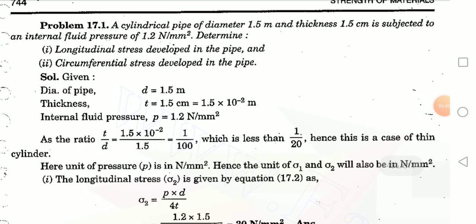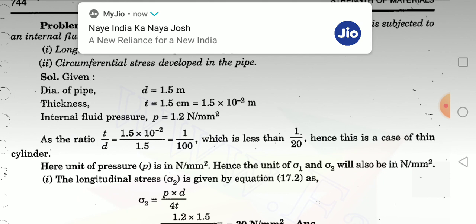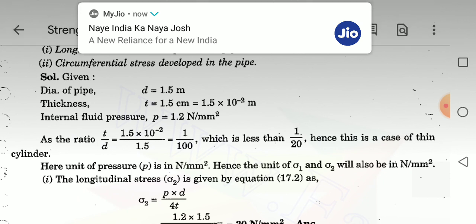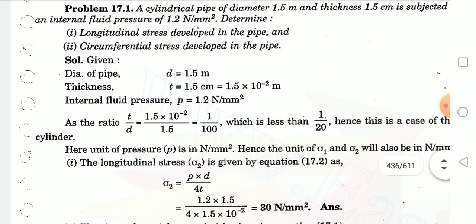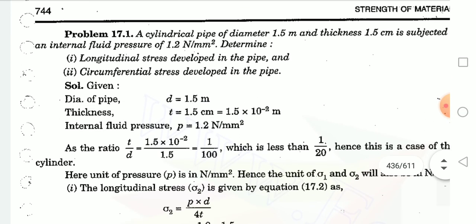A very simple problem. A cylindrical pipe of diameter 1.5 meter and thickness 1.5 centimeter is subjected to an internal fluid pressure of 1.2 Newton per millimeter squared.